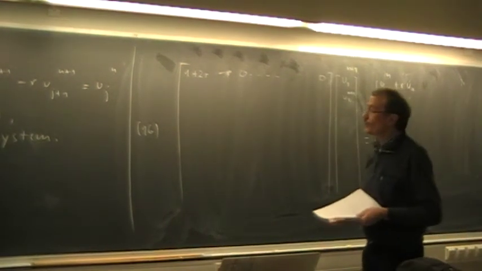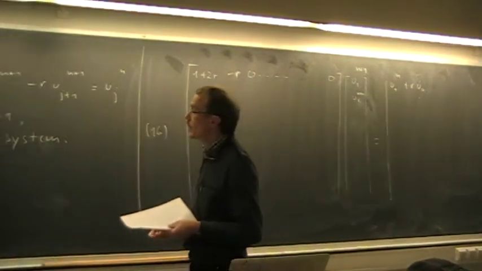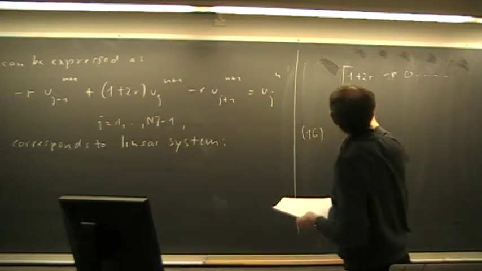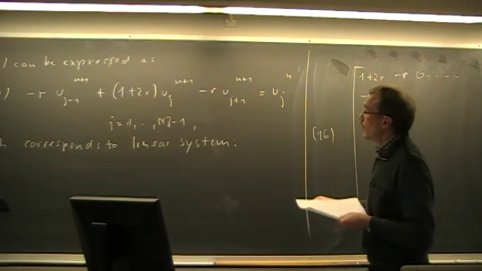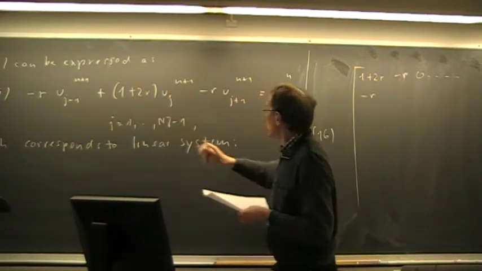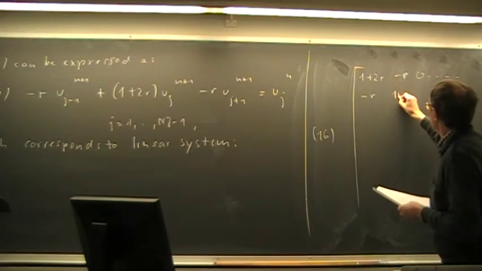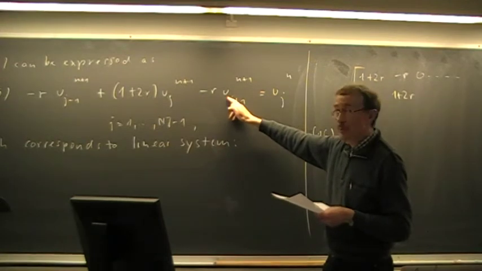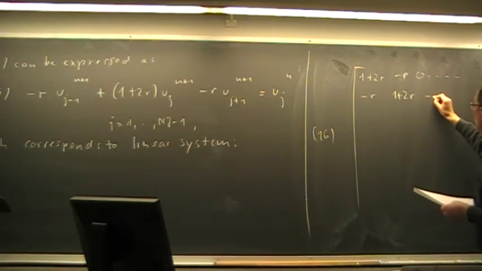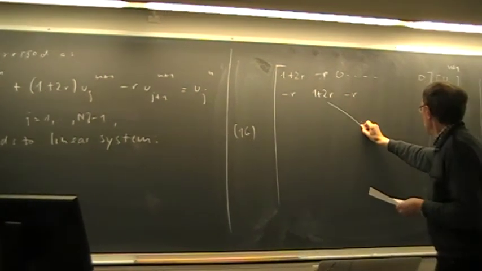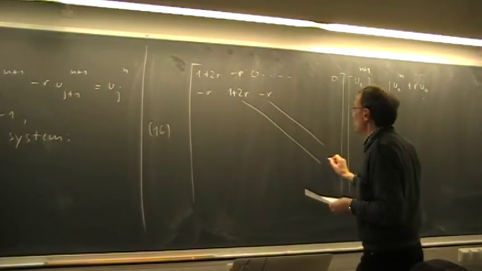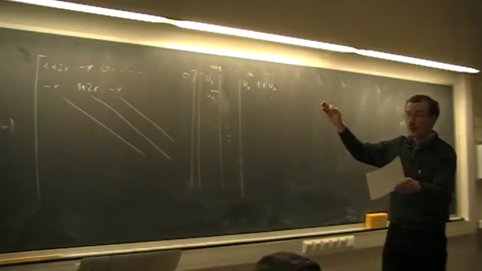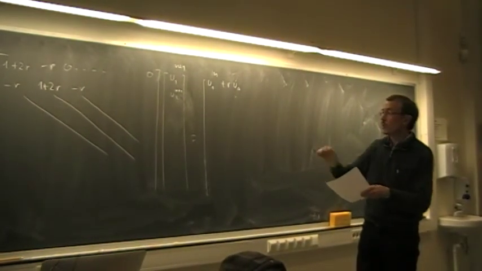For j equal to 2, we have u1 with a minus r, u2 with 1 plus 2r in the diagonal, and multiplying u3 will be minus r. This pattern will continue all the way down, with minus r in the upper and lower subdiagonals and 1 plus 2r in the diagonal.